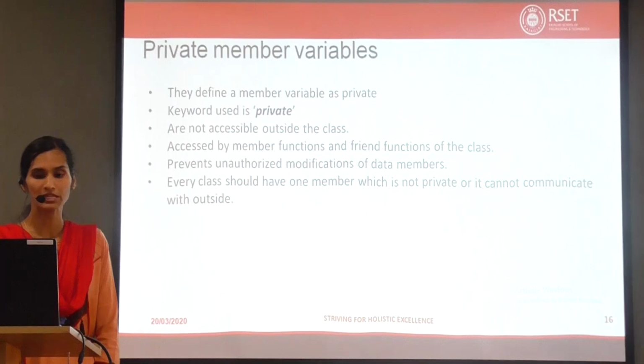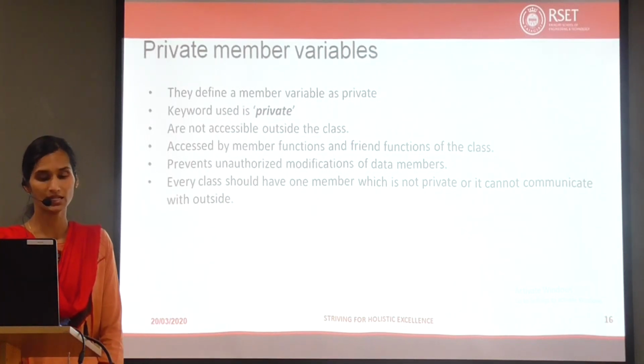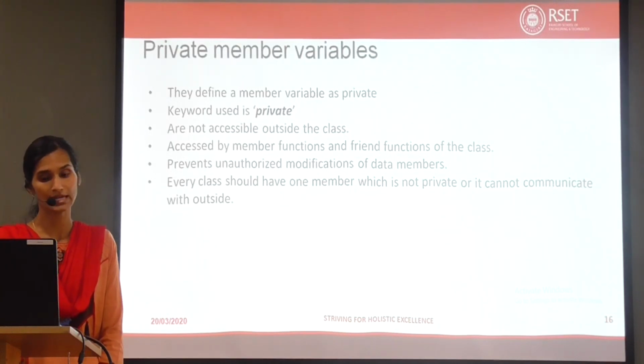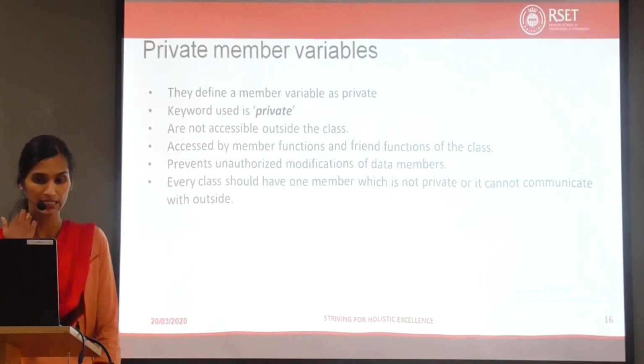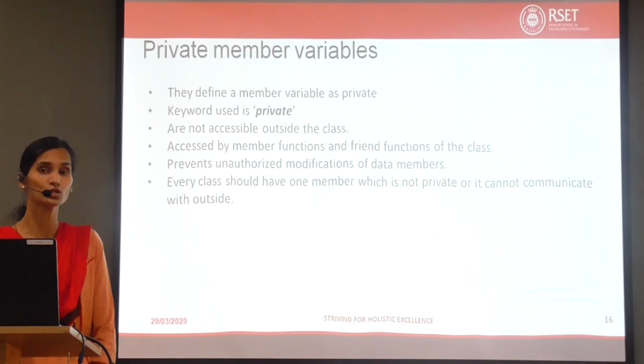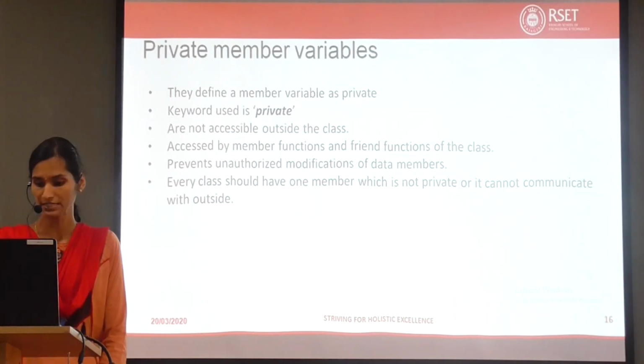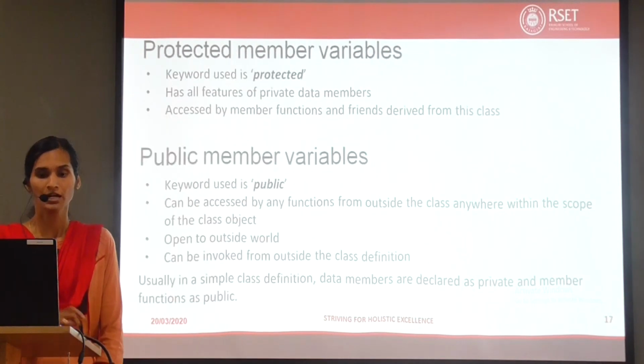Now private member variables are written inside a class with the keyword private, which means that they are not accessible outside the class and they can only be used inside the class. Now these can stand for both the data members as well as for the member functions. Now as I said, a class can include functions as well as data, unlike a structure. Now we will see an example after this.